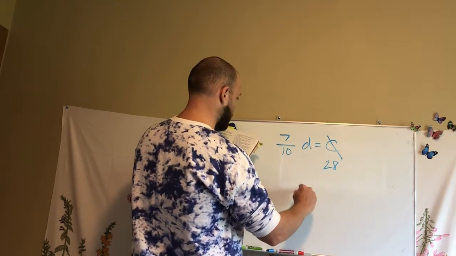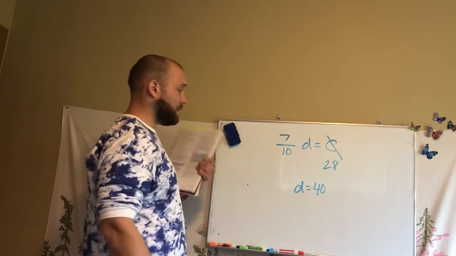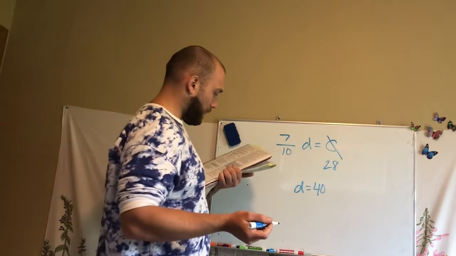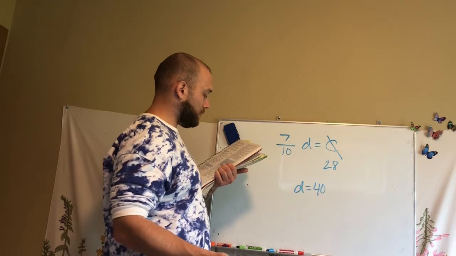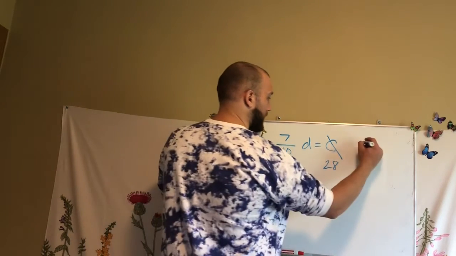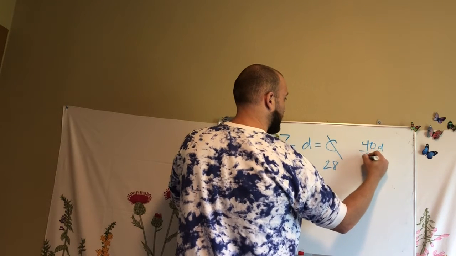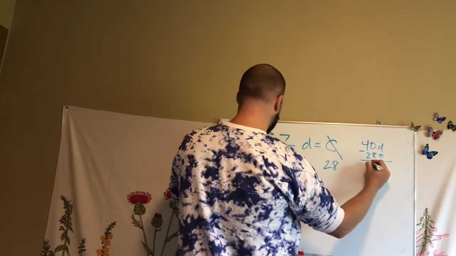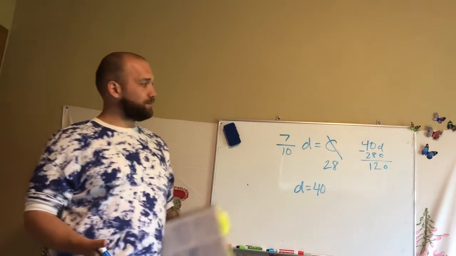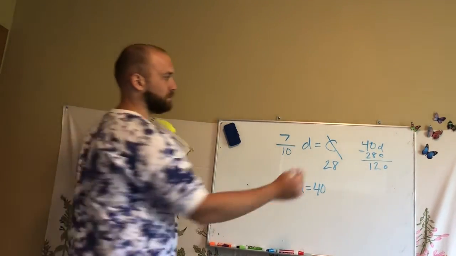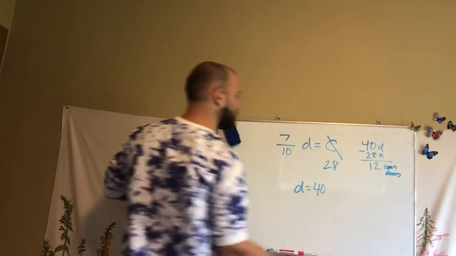After you solve that, you should have D equals 40, which is doors. Then you have the second question, which says how many doors were open. So you take 40 D minus 28 C equals 12 O. Open doors. Just like so.